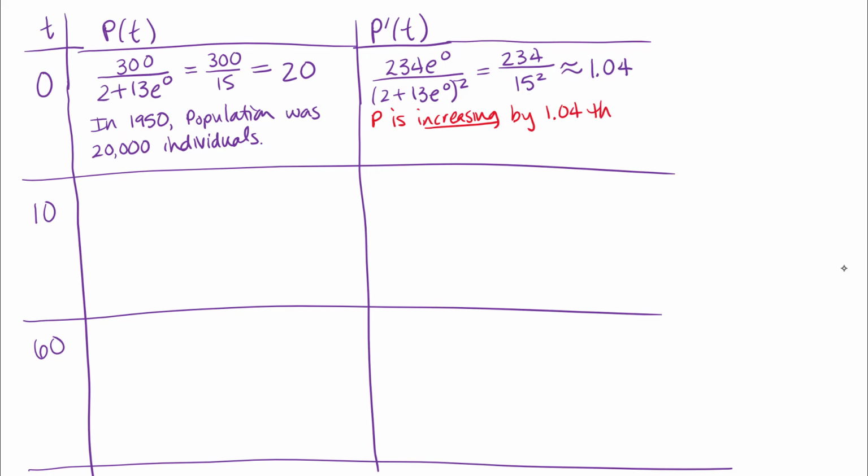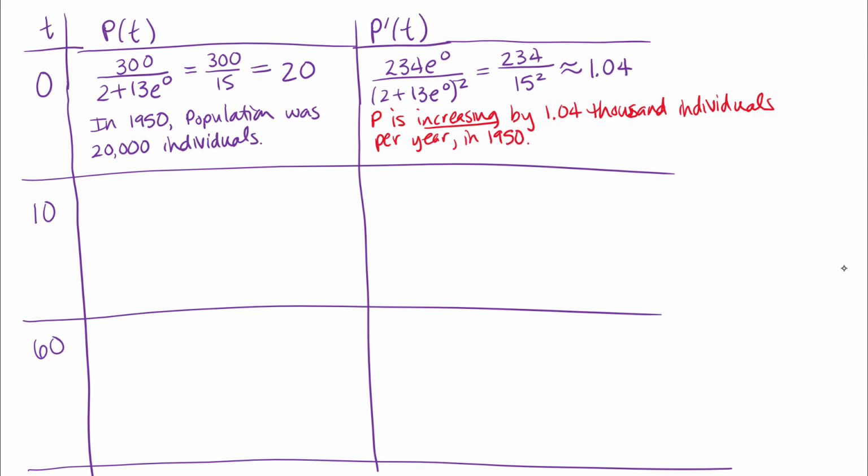That would be 1,000 individuals per unit of input, so that would be per year, in the time when t equals 0, so in 1950.